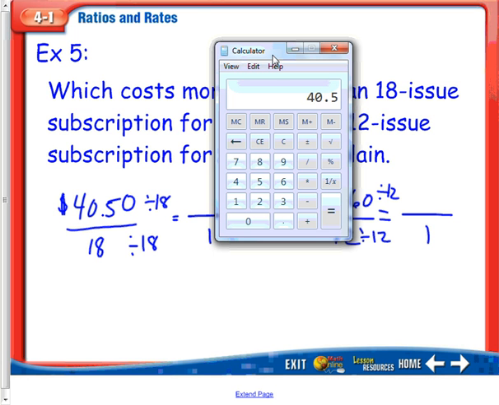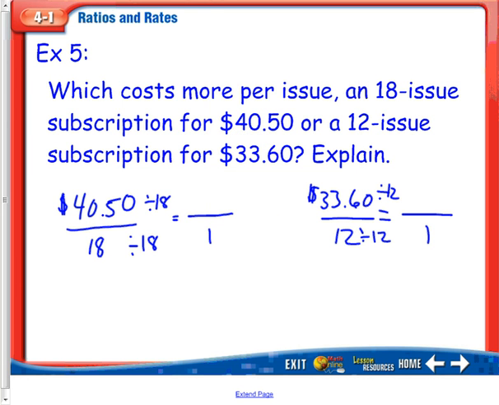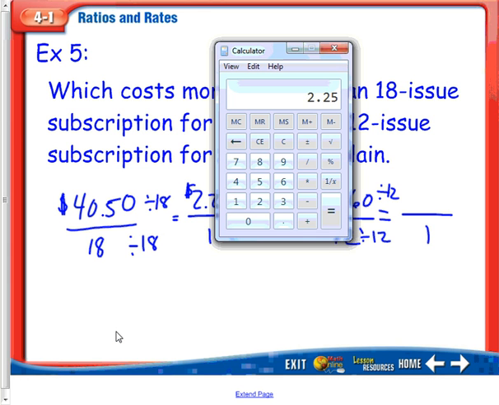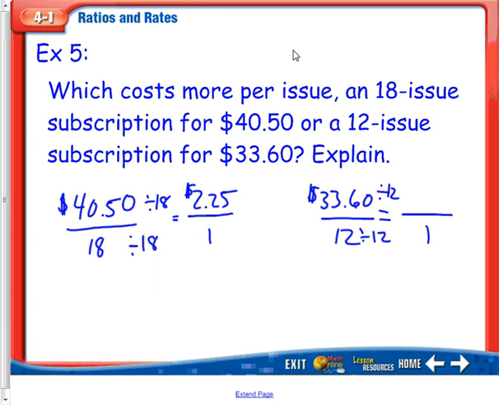So $40.50 divided by 18 is going to be $2.25 for the 18-issue subscription, and then we're going to take our $33.60 and divide that by the 12-issue subscription to get $2.80.